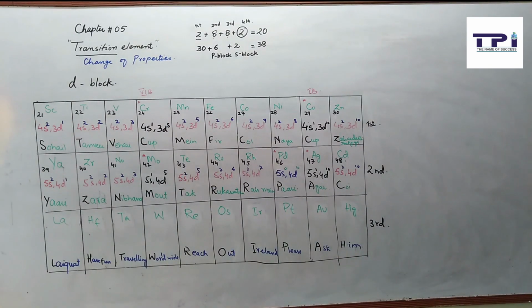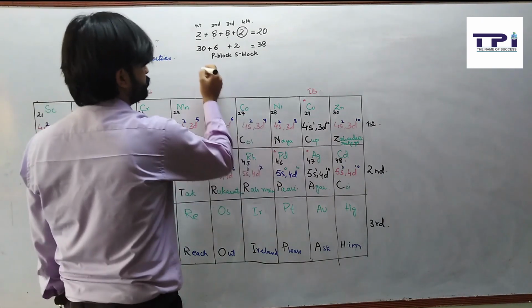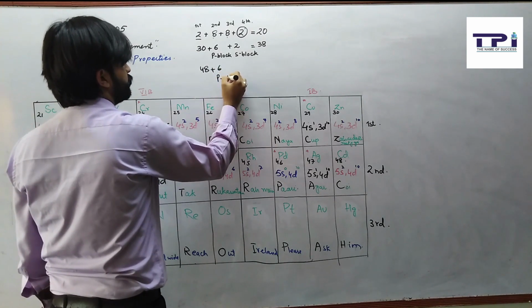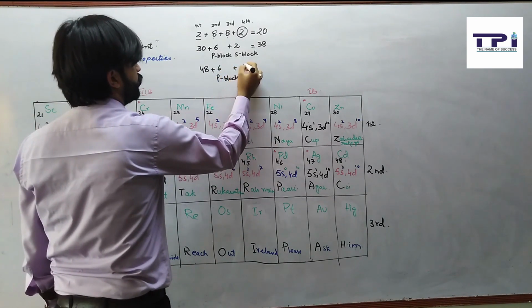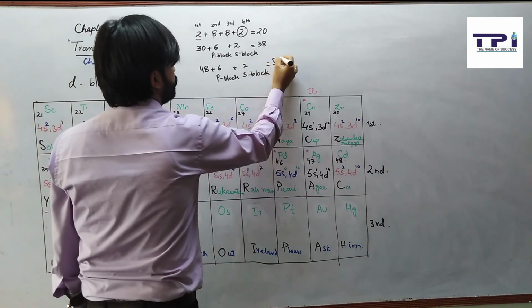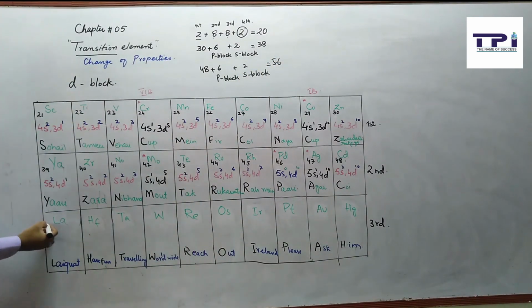How can we have atomic number? For the atomic number, we ended at 48. 48 plus 6 of p block, you will have 54. 54 plus 2 of s block, you will have 56, and the next one would be 57.